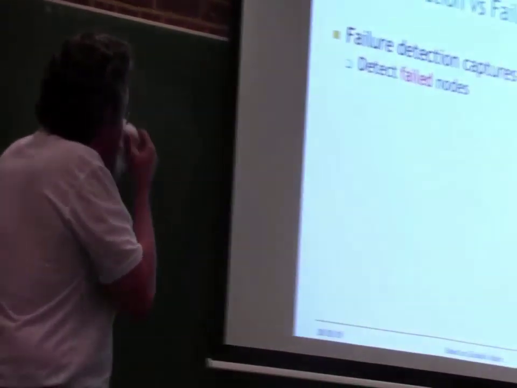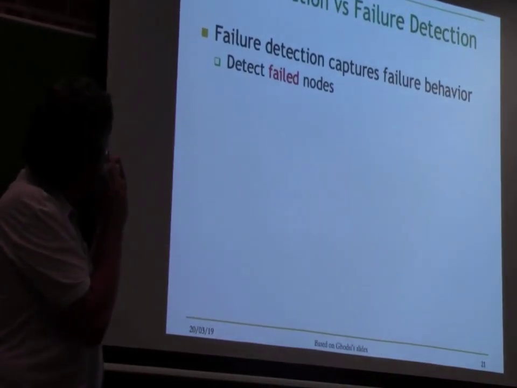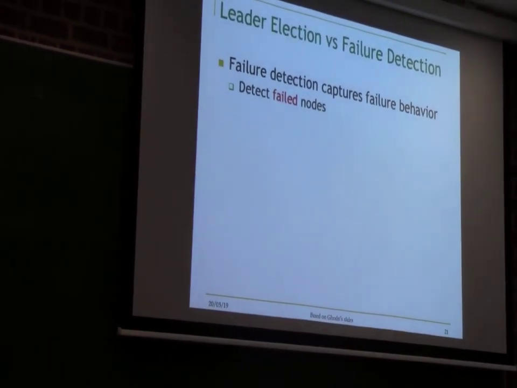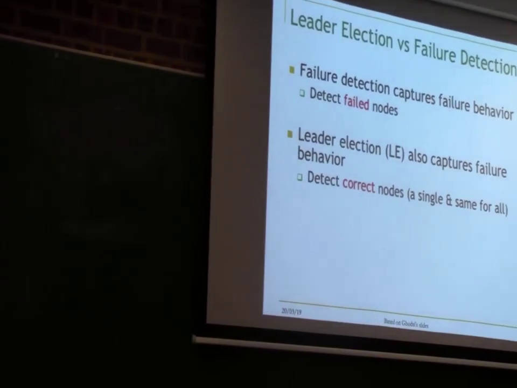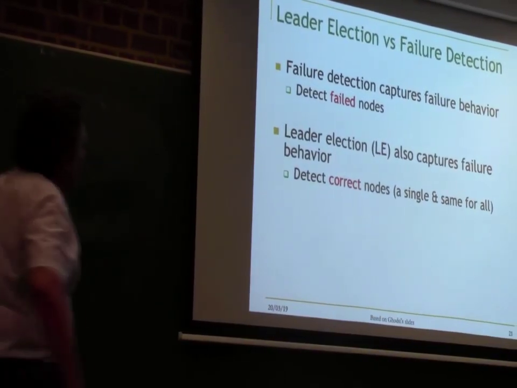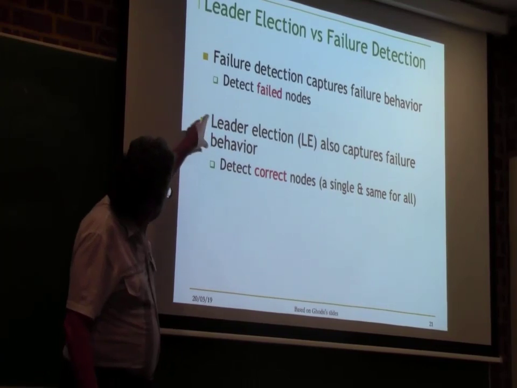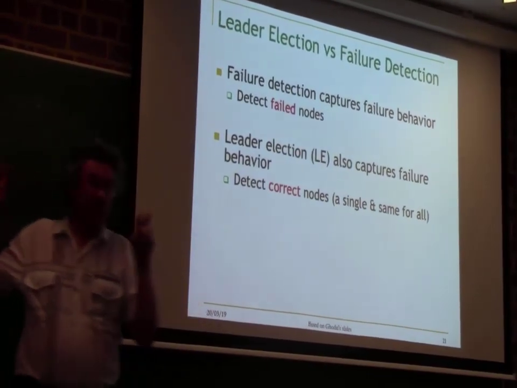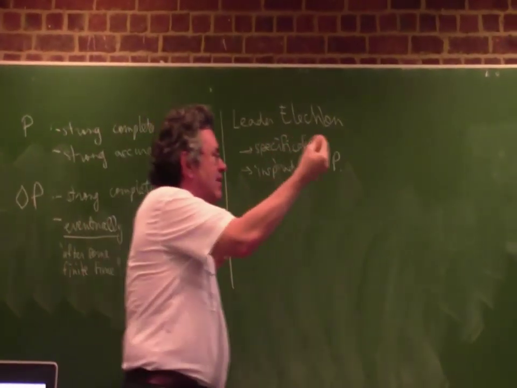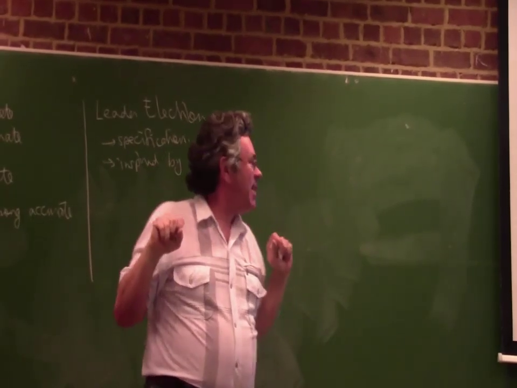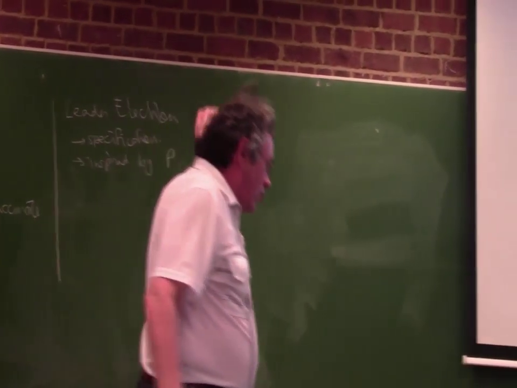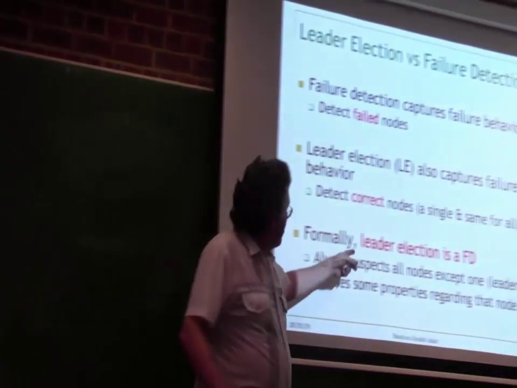Leader election is somehow similar to failure detection. A failure detector detects the failed nodes, but leader election is also a kind of failure detector. It detects a correct node. Here we consider the leader to be a single correct node that it detects the same for everybody.